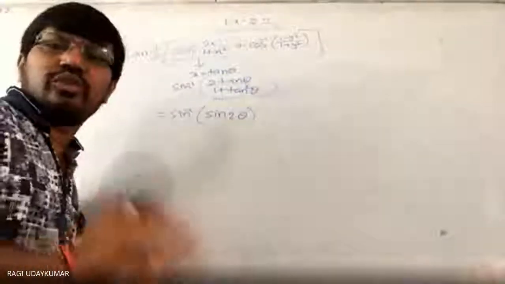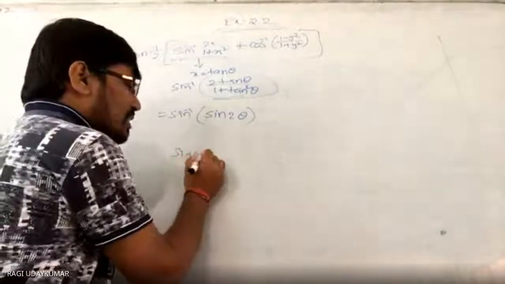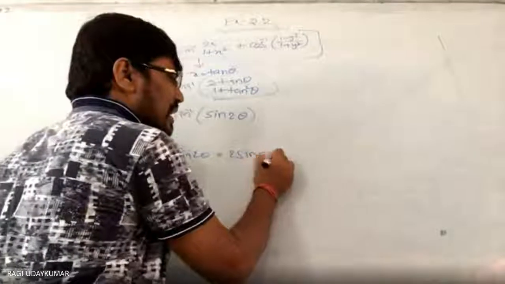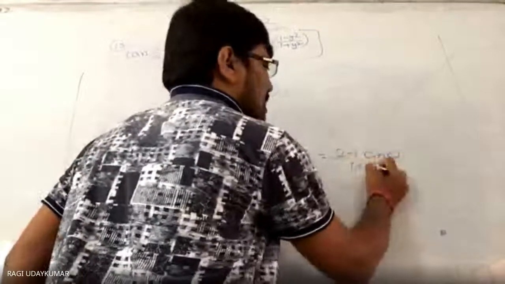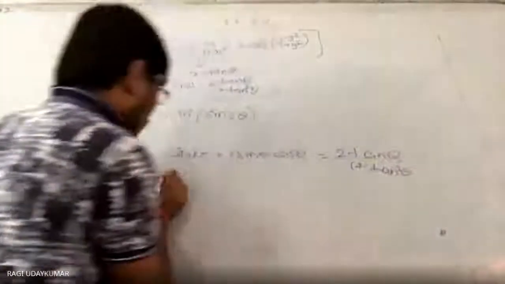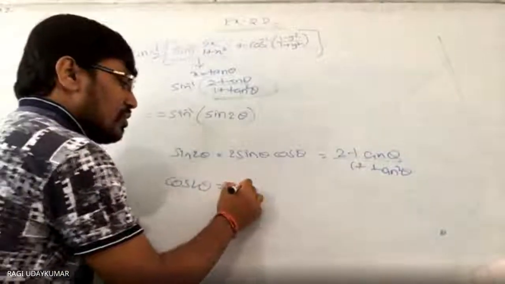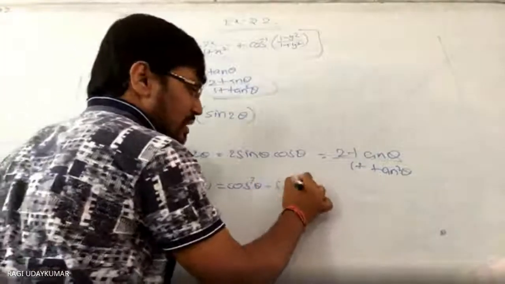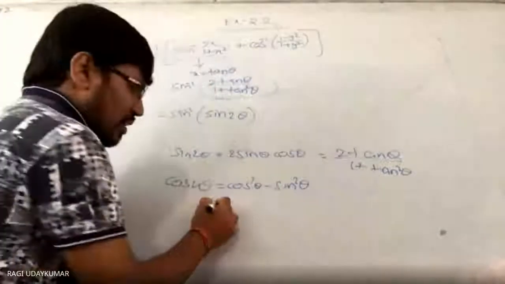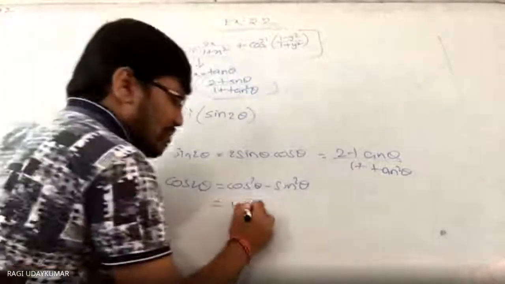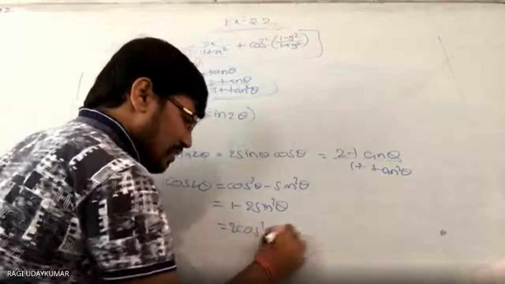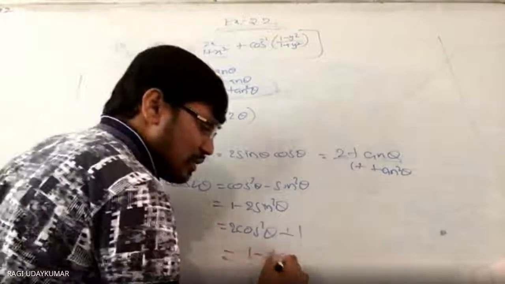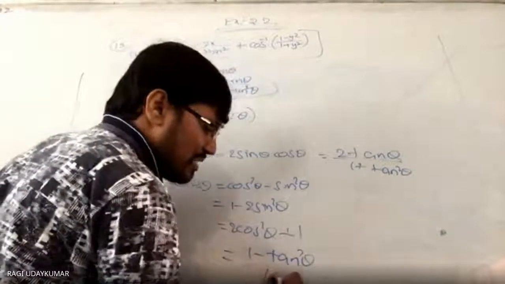First I told you the sin 2 theta formula, cos 2 theta formula, tan 2 theta. All these you should have in your mind. Sin 2 theta is equal to 2 sin theta cos theta or 2 tan theta by 1 plus tan square theta. Cos 2 theta is equal to cos square theta minus sin square theta, or 1 minus 2 sin square theta, or 2 cos square theta minus 1, or 1 minus tan square theta by 1 plus tan square theta.